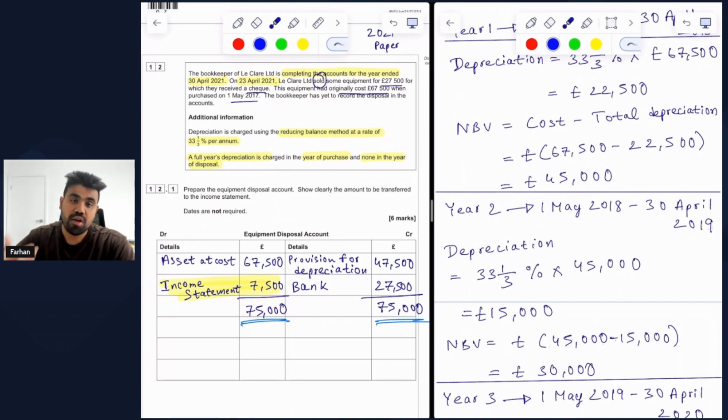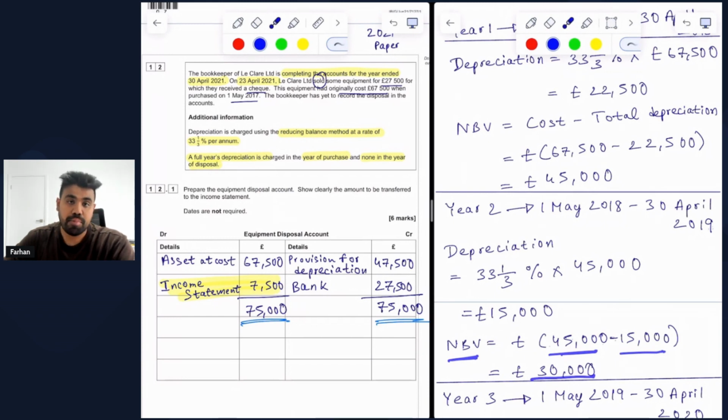Which is what we have done in this case. I've taken the net book value that I had at end of year one, which is £45,000, and then I have subtracted £15,000, which is the depreciation expense for this year, and I get the net book value of £30,000 at end of year two.